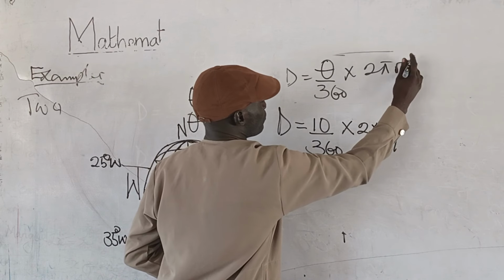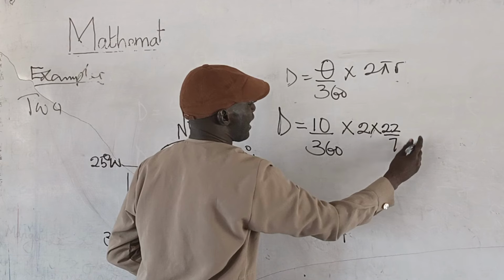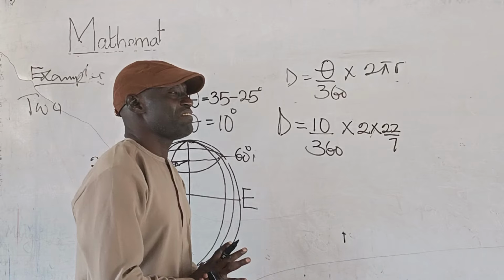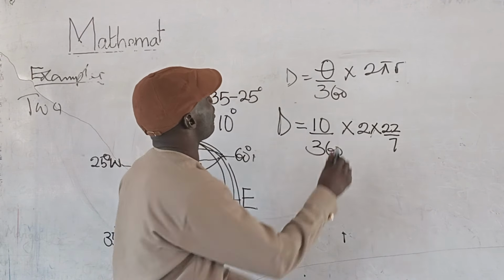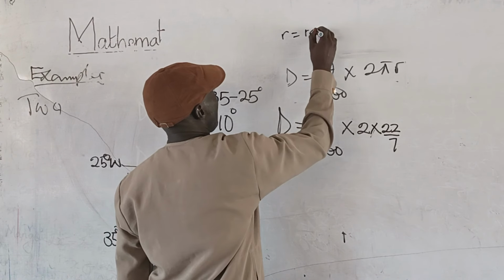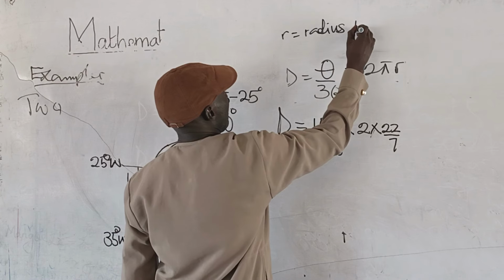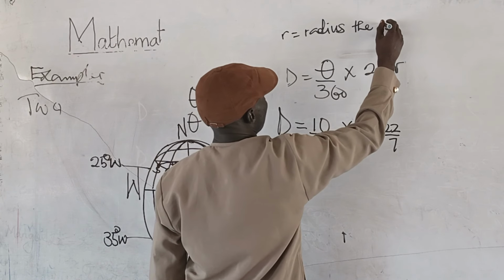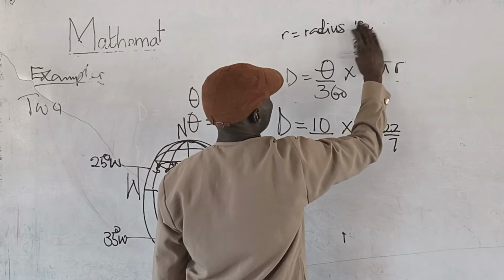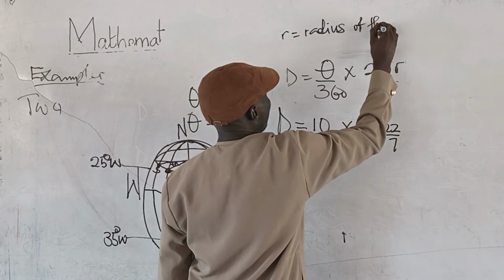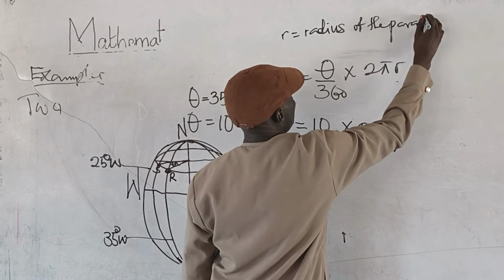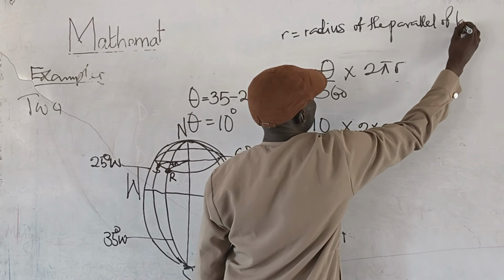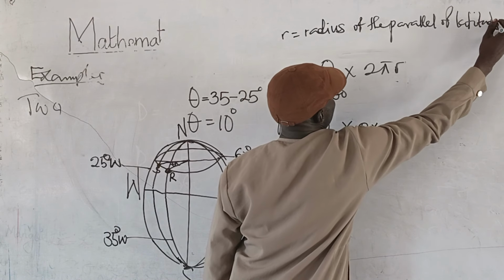This small r is the radius, the small r called the radius of the parallel of latitude.